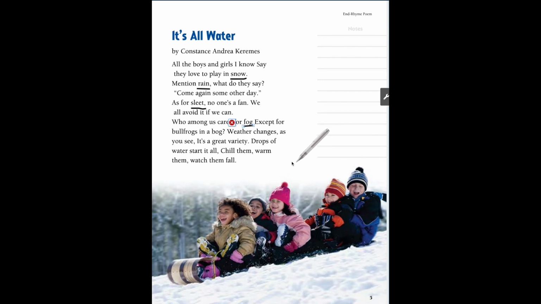And then I do want to underline here, chill them, warm them, because this is how we get water to change into different types. So if you have snow and you warm it, then it turns into water as a liquid.